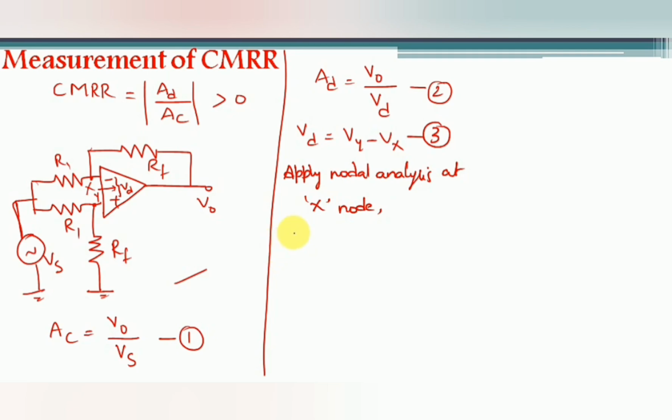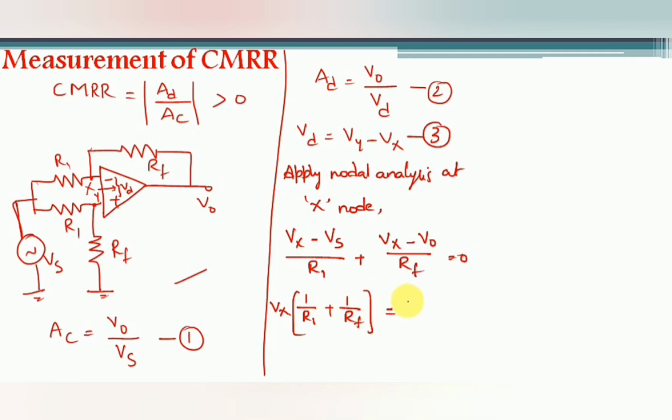So we can write it as Vx minus Vs by R1 plus Vx minus V0 by Rf is equal to 0. Now take the common Vx, then it is 1 by R1 plus 1 by Rf, which is equal to Vs by R1 plus V0 by Rf.